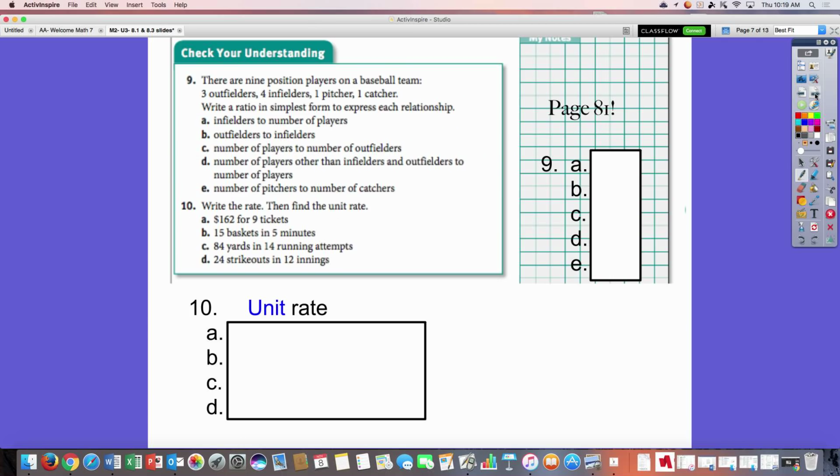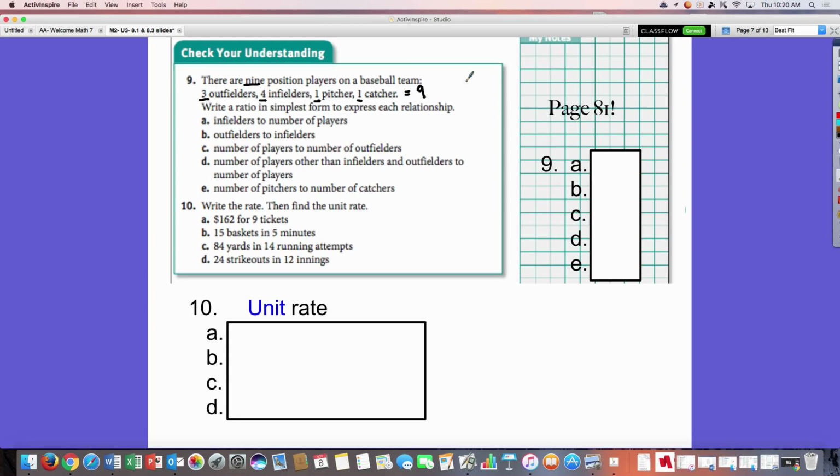All right. Let's do some problems together. I'm on page 81. There are 9 position players on a baseball team. 9 people on a team. And here's how it goes. You got 1 catcher, 1 pitcher, 4 infielders, which means first, second, third base, and shortstop, and the 3 outfielders. If you add that up, 3 plus 4 plus 1 plus 1 equals 9, right?